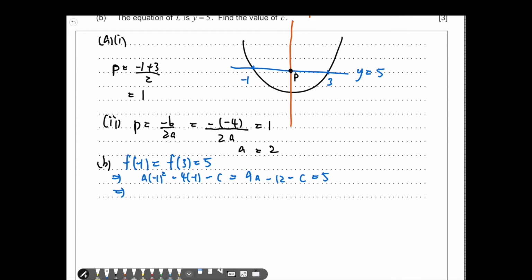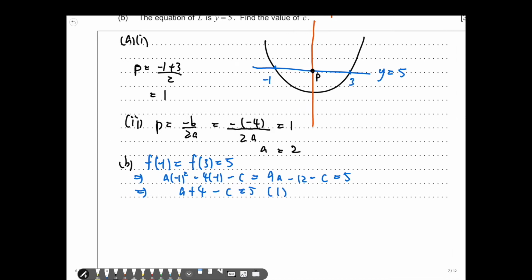The next step is to simplify that. So we have two equations: a plus 4 minus c is equal to 5. That is equation 1. And then we have 9a minus 12 minus c, which is also equal to 5. That is equation 2.